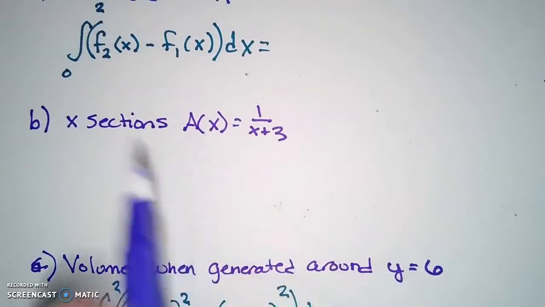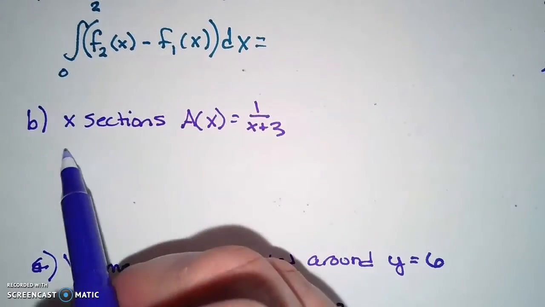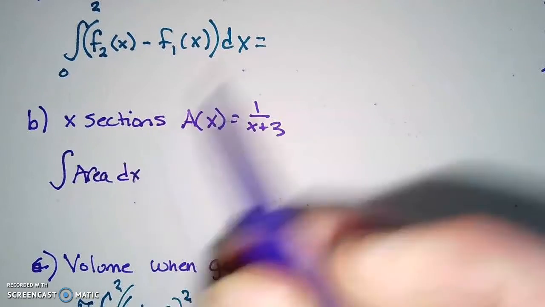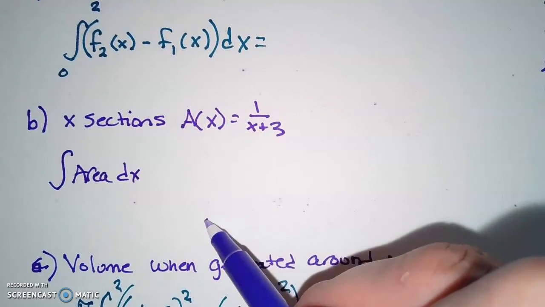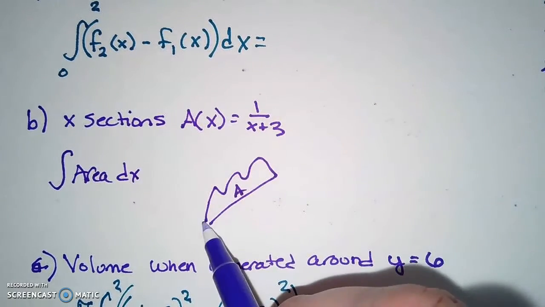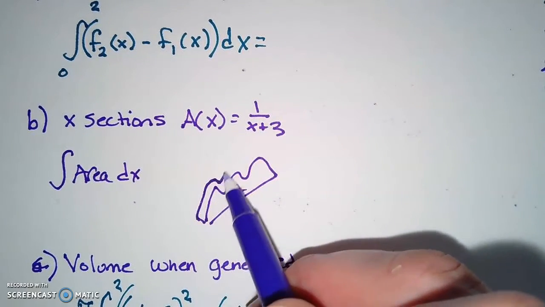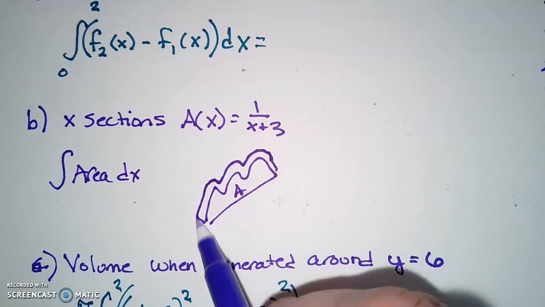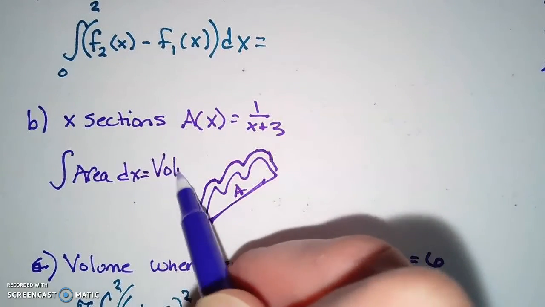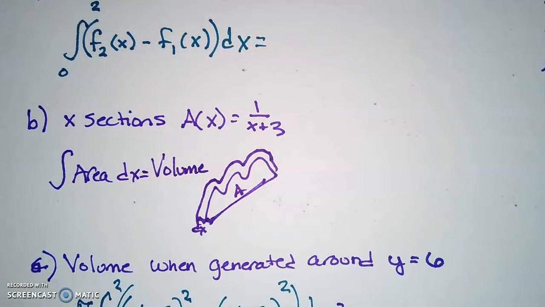So basically, if I integrate the area of something times dx, it just means I'm taking some shape as an area, and I'm giving it a thickness, which is dx, and area times dx equals volume.